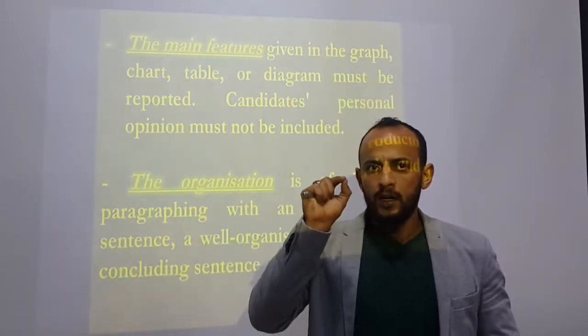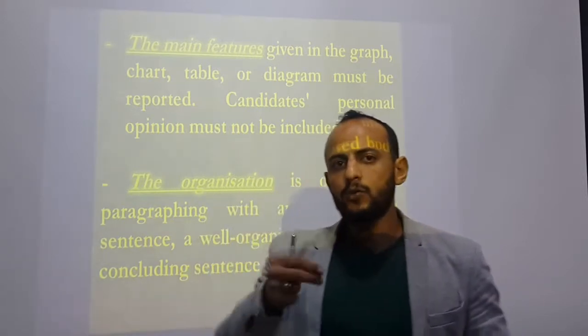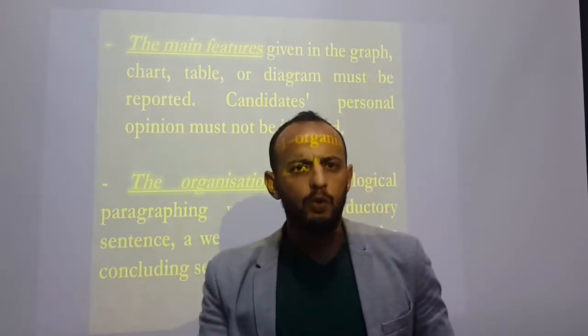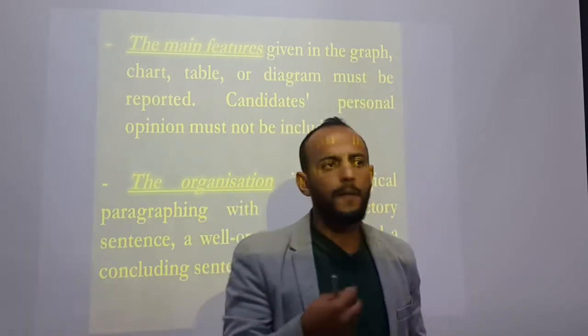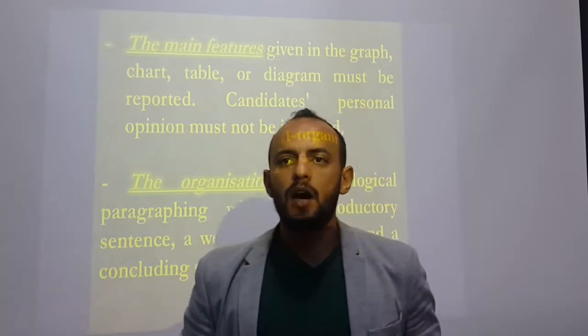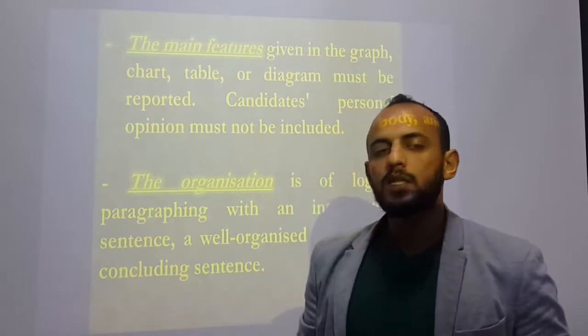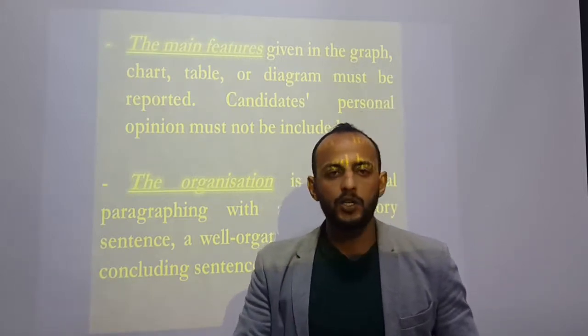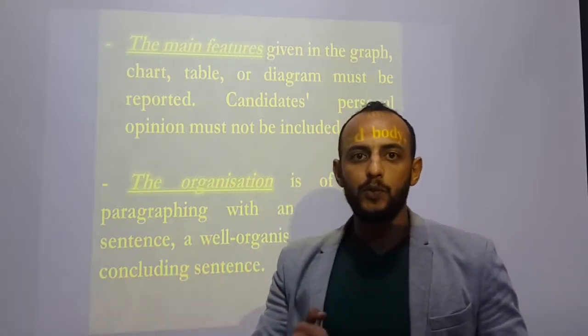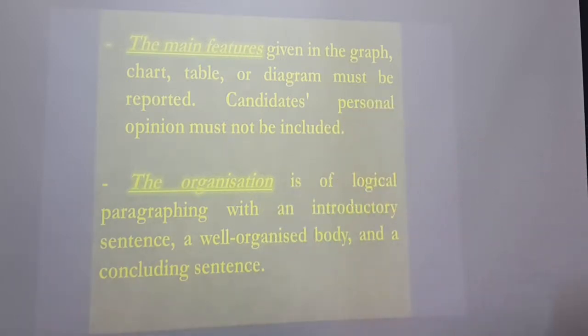Study them, read them carefully, and then write about them. Anything that you know, or personal opinion, or a previous experience, or your own knowledge, it is not necessary to include, and you must not include it. Because the task is asking you to describe the report, not to include your personal knowledge or experience.